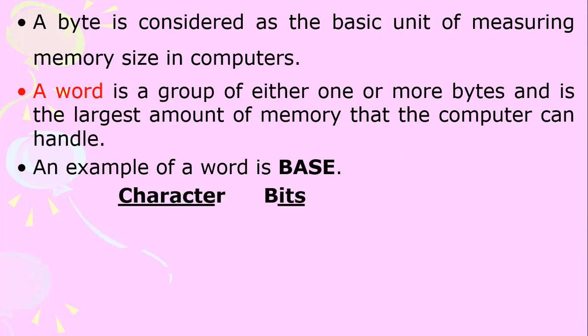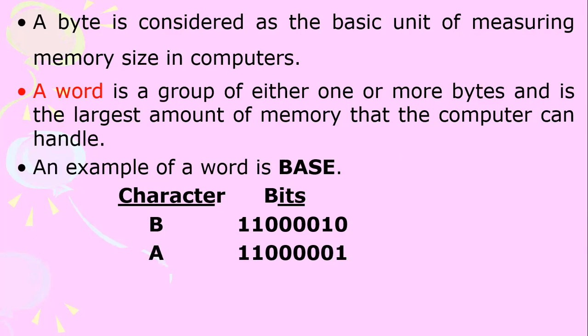Let's look at each of these characters and its respective bits. Character B is represented in form of binary digits as 1 1 0 0 0 0 1 0.